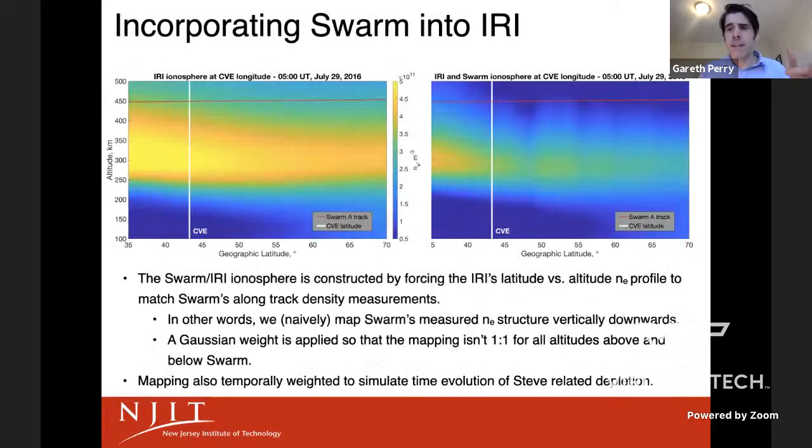On the left is a vertical versus latitude profile of the IRI output at about 5 UT. The red trace shows the Swarm A track, that's the altitude of Swarm A. And on the right is Swarm A incorporated into IRI.